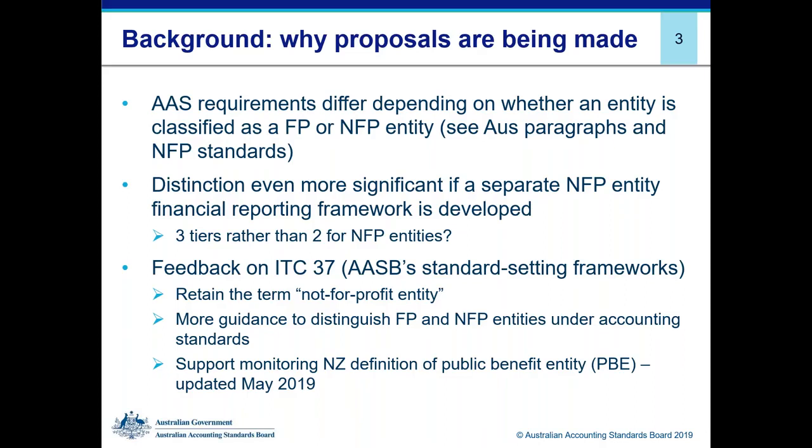So if you're a not-for-profit entity, you would account for government grants and other grants in accordance with AASB 1058. In contrast with the accounting for for-profit entities, for whom AASB 120, Accounting for Government Grants and Disclosure of Government Assistance, is the relevant standard. The accounting for grants, therefore, is quite different.